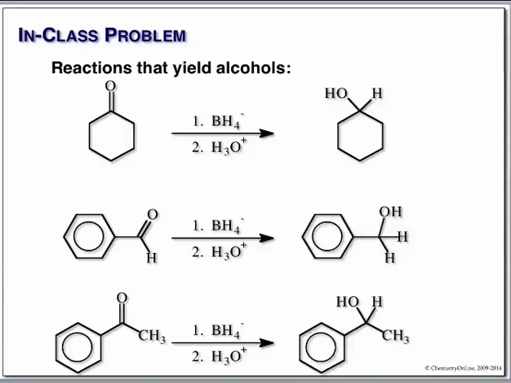Now we looked at a more powerful reducing agent. More power is good. The problem with being more powerful is if you have multiple functional groups in your reaction, you can also reduce those at the same time.